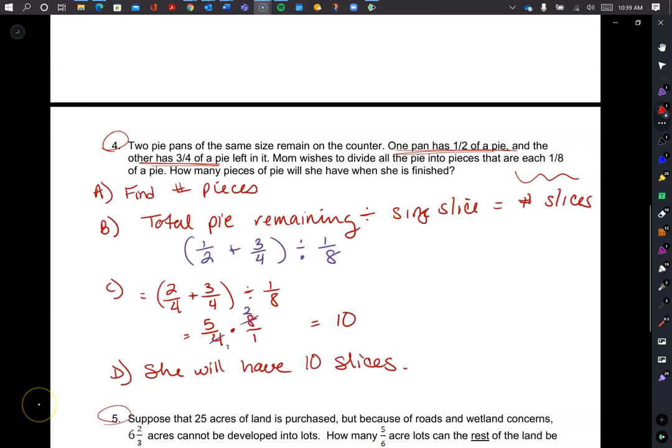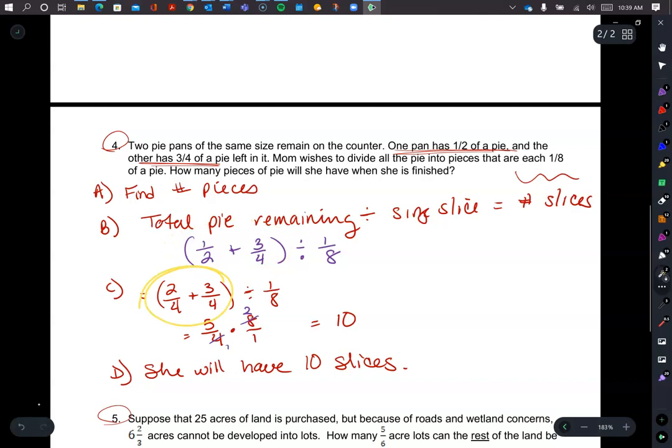Okay, so for this one, just so you can see how it pans out in the process that you'll be using below, except it's not an add one, it's different. First, you're going to find the number of pieces, which is what we're trying to find. So you have to look at consolidating those two pies together and figure out how much pie is left overall.